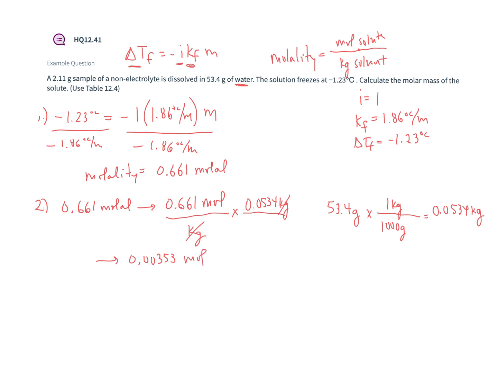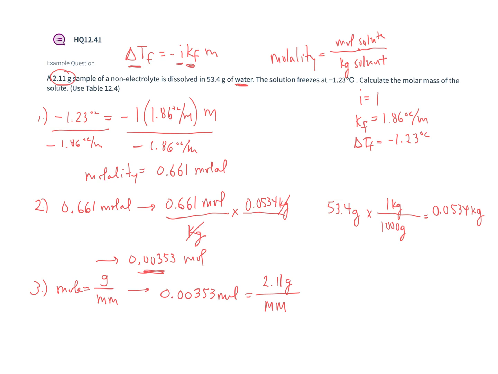Now we have to find the molar mass. And fortunately, we know moles equals grams over the molar mass. I know moles of my unknown, and I have grams. They tell us we added 2.11 grams of our unknown. So I have approximately 0.00353 moles, and that's represented by 2.11 grams of the unknown over my molar mass.